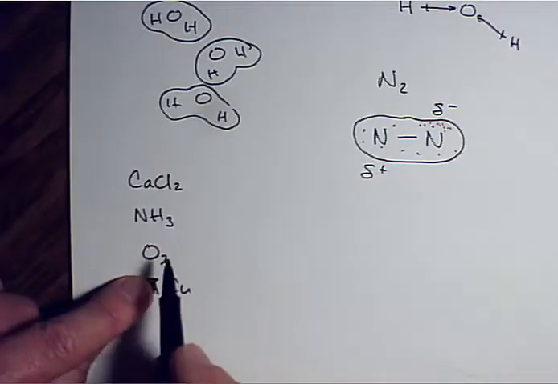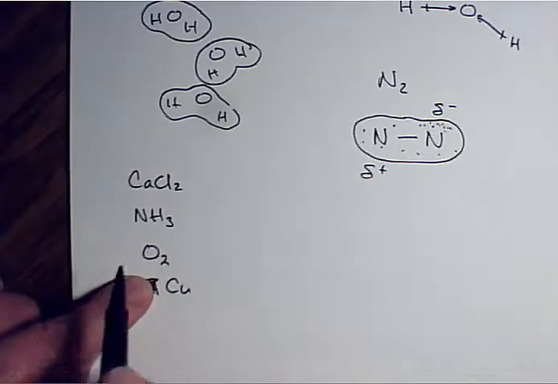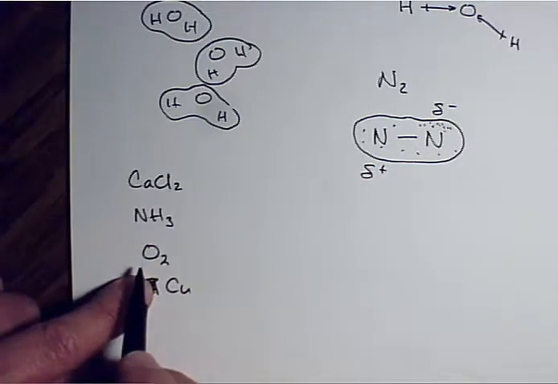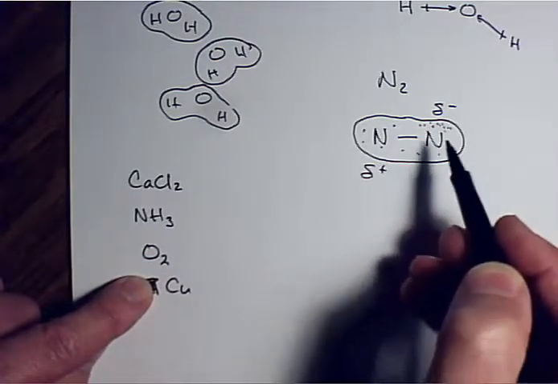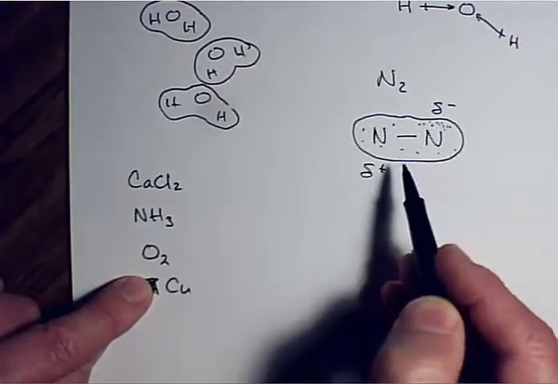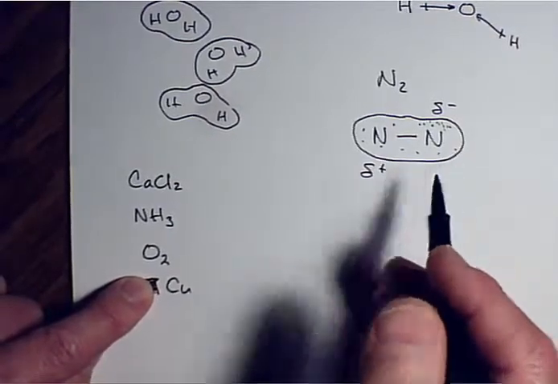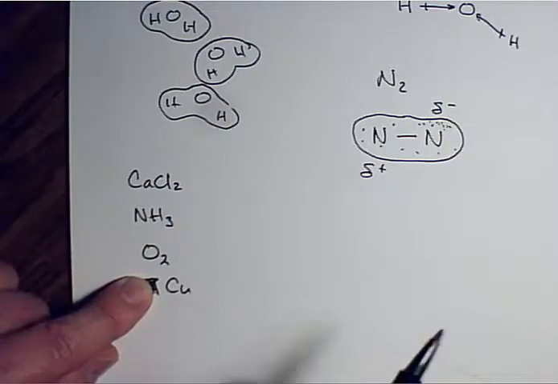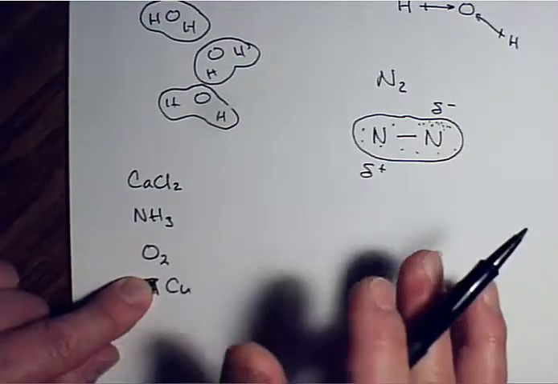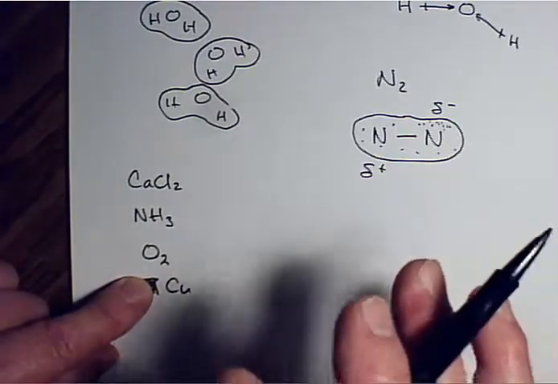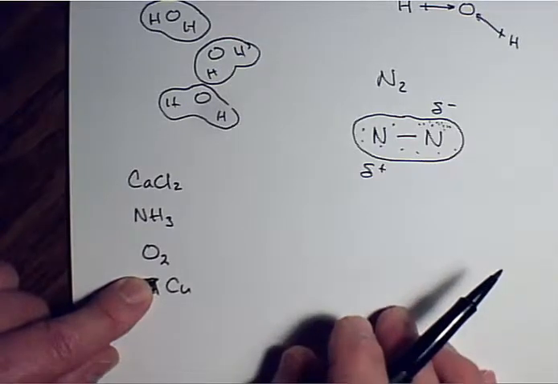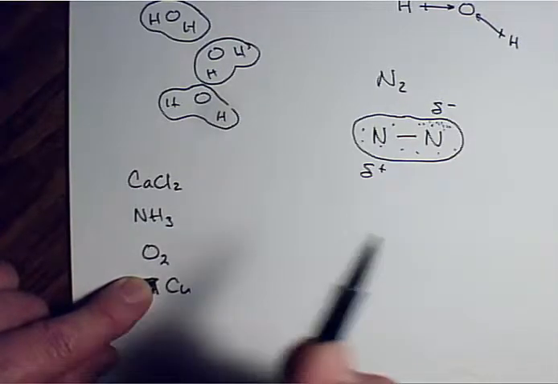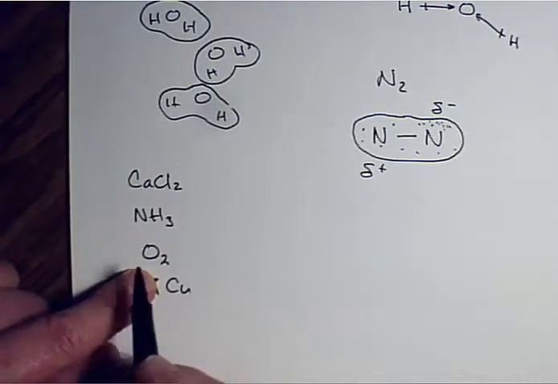Not permanently anyway. So the only kind of attraction between an oxygen molecule and the next one is this temporary shift called the London force. The shift in electron density causes a London force because it causes a temporary polarity. Okay? Let me go through that again.